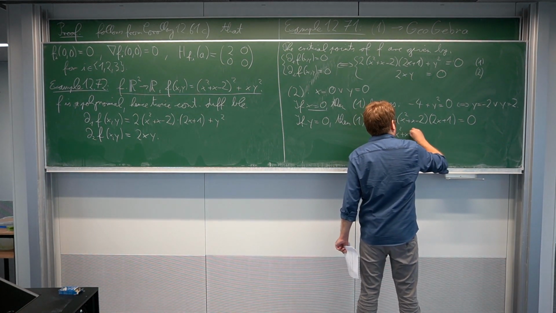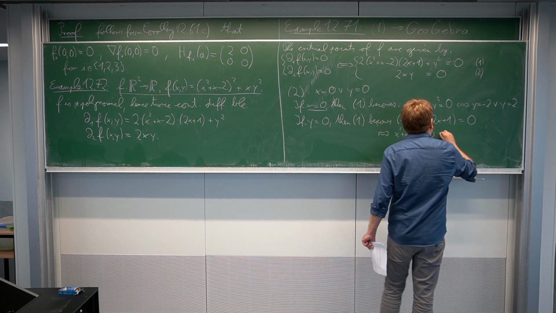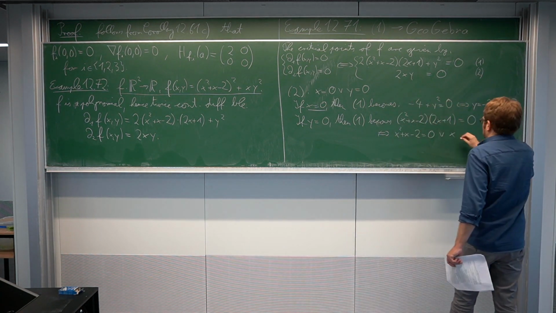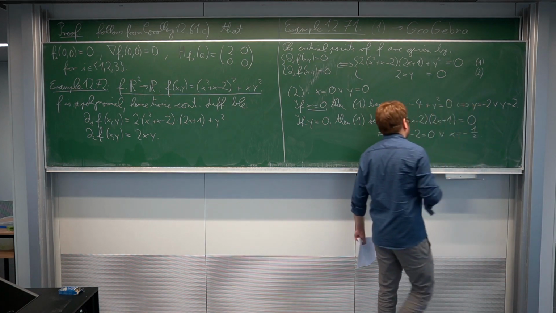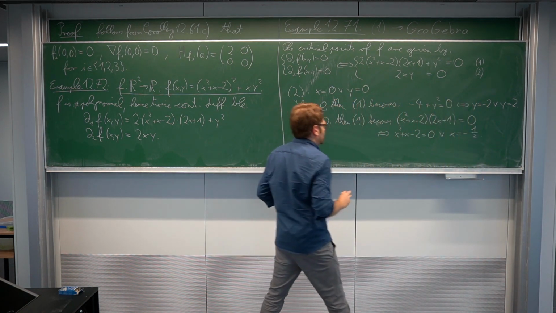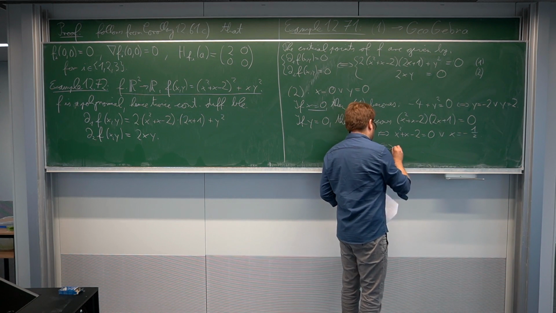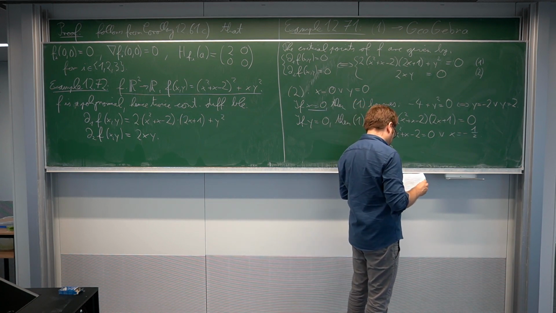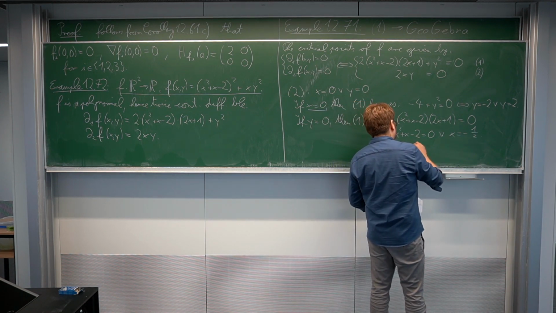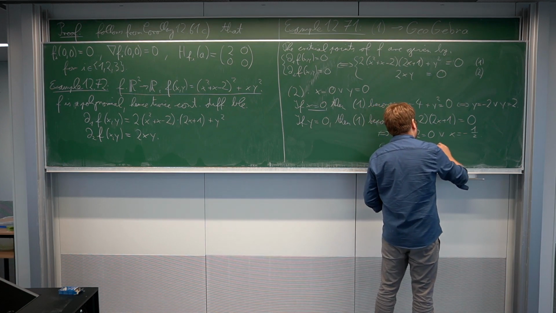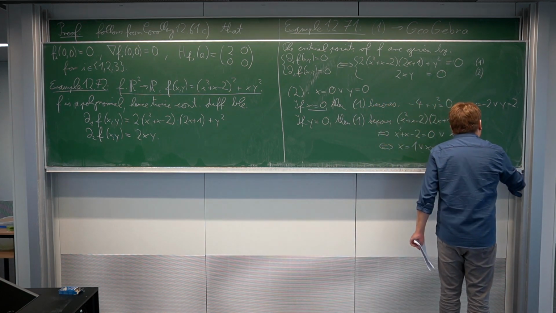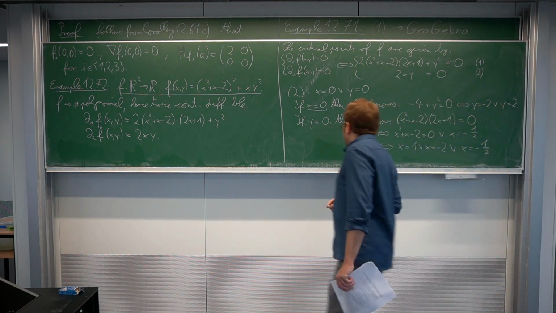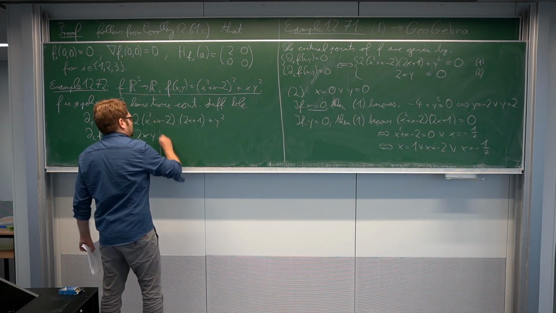So either x squared plus x minus 2 is 0, or 2x plus 1 is 0, and you can easily derive that x is minus 1 over 2 is the solution of that. For the first equation, this is just solving a quadratic equation. That's very basic, and I don't want to go into detail on this. It has just the solutions x equal to 1 and x equal to minus 2.